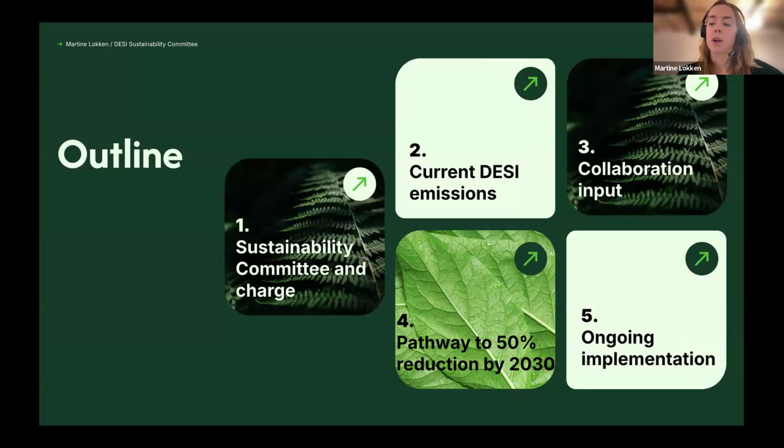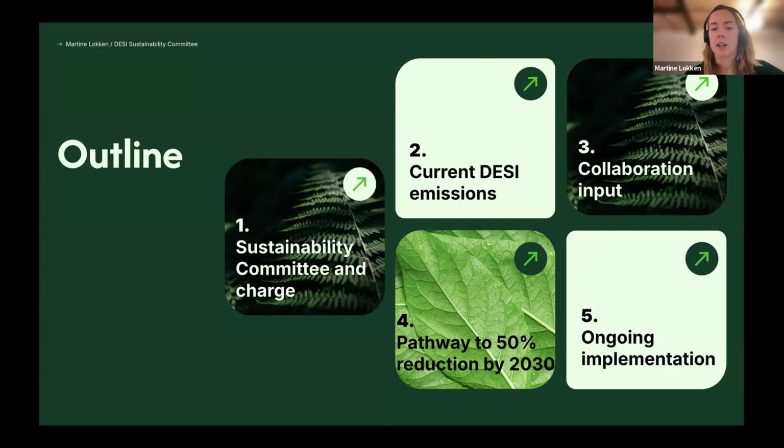Part of this committee's creation was to find ways to abide by that, because a large part of DESI's funding comes from federal sources. But this also came out of discussions at collaboration meetings, before my time in DESI, of various members pushing to have a closer look at our emissions and to take action.